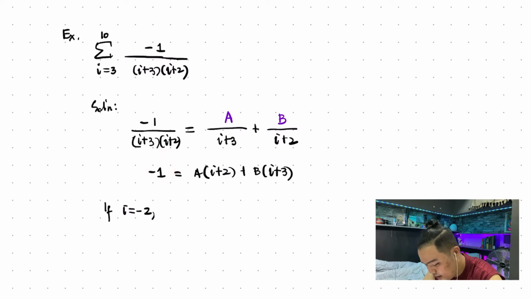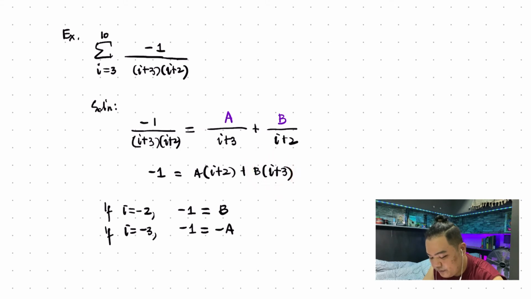You get negative 1 equal to, itong part na to magsi-0, itong part na to magiging 1. So, B is negative 1. So, if I is negative 3, isa pang magpapa-0 sa denominator, you get negative 1 equal to, eto negative 3 plus 2, negative 1, so negative A na lang yun, plus 0, kasi negative 3 plus 3 is 0. So, negative A is negative 1, which means A is 1.